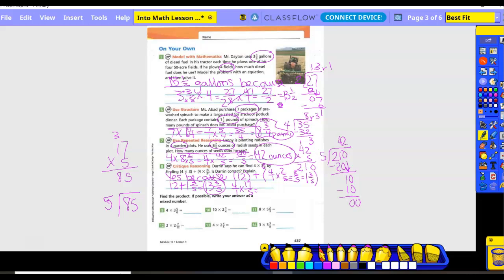So how many times does 5 go into 8? 1 time minus 5. 8 minus 5 is 3. Bring down the 5. 5 into 35. 7 times minus 35.